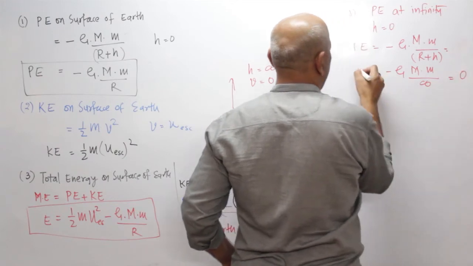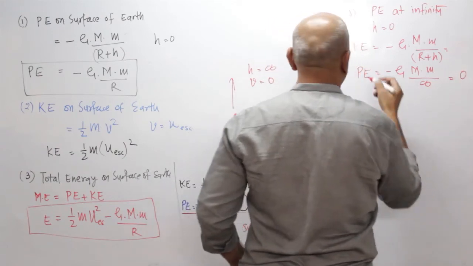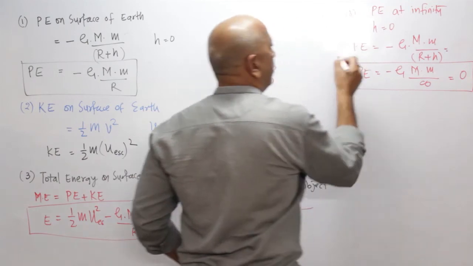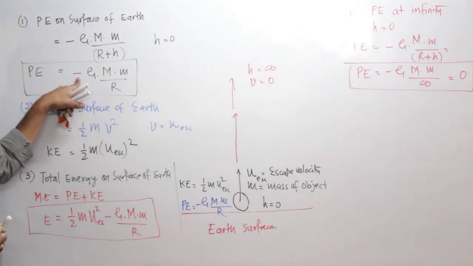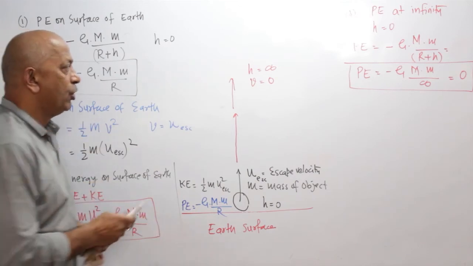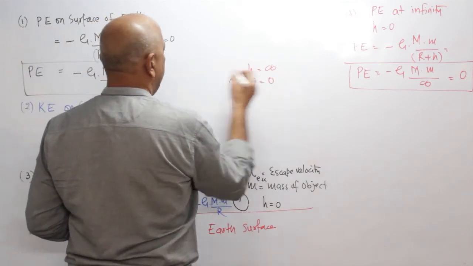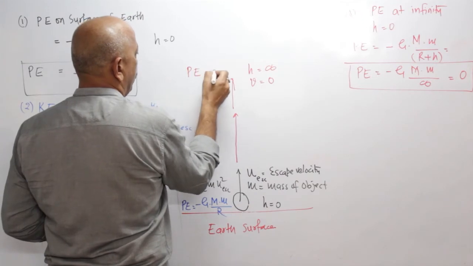So this is equal to 0. So P is equal to 0. We got this answer. Here at the surface it is minus, but here we get P equal to 0.